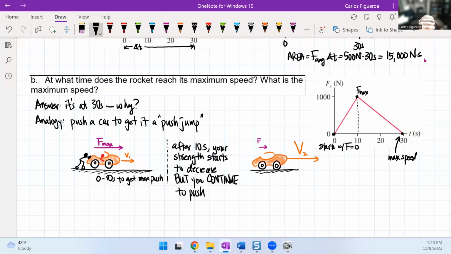So that being the case here, and we kind of look at this thing. So now what I want to do here is it says at what time, or what is the maximum speed here?